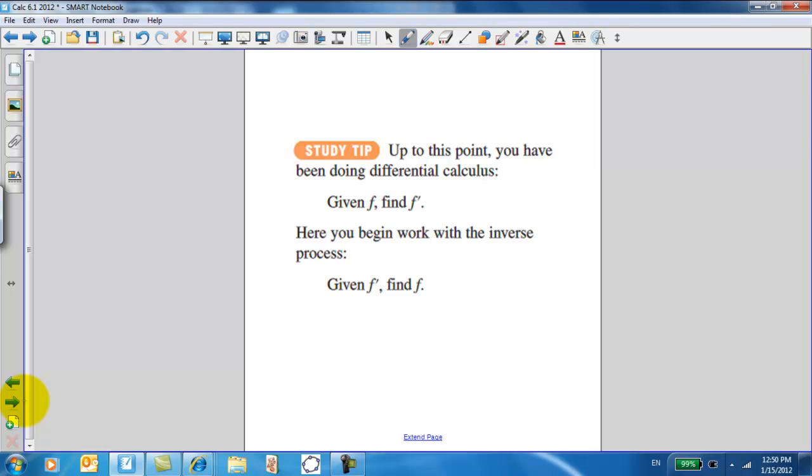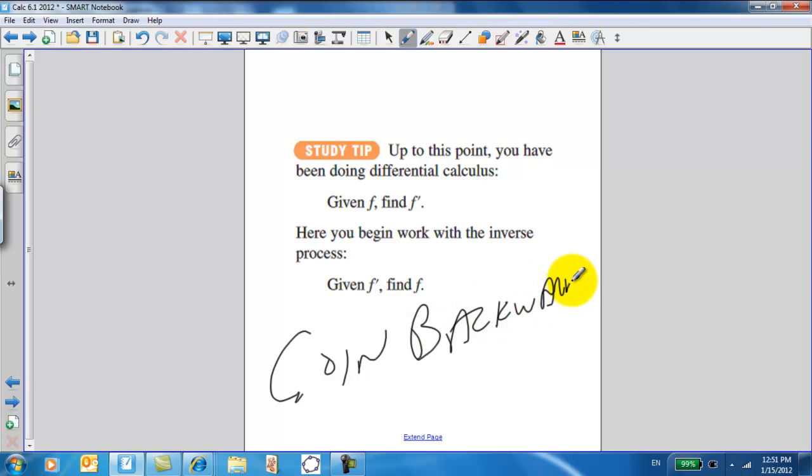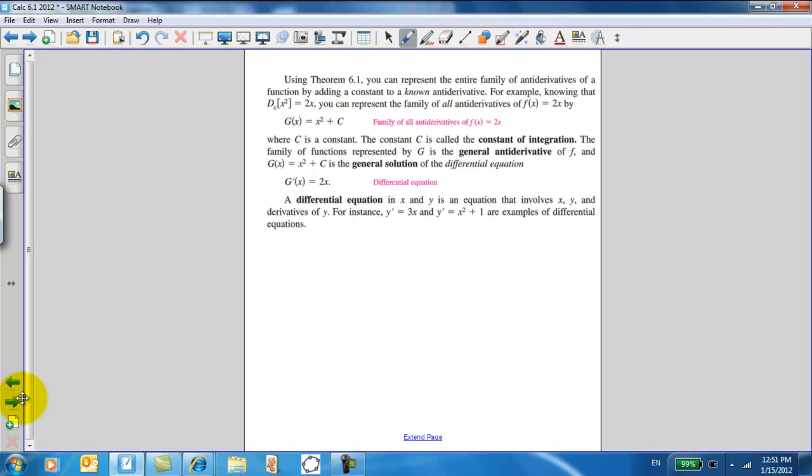Up to this point, we've been doing differential calculus, where you're given a function and you find its derivative. Now we're going backwards. We take the derivative function and try to figure out what the original function was. So it's called an antiderivative. You can represent the whole family of antiderivatives just by adding on this constant c.